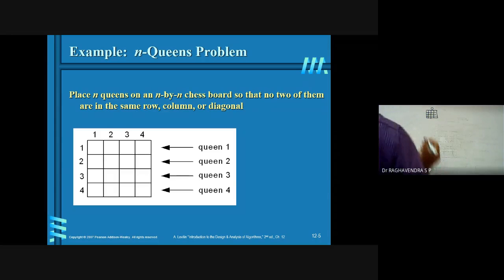Then the next node to be considered is like this. Once again, a 4 cross 4 grid. I will call this the first node, and this the second node.